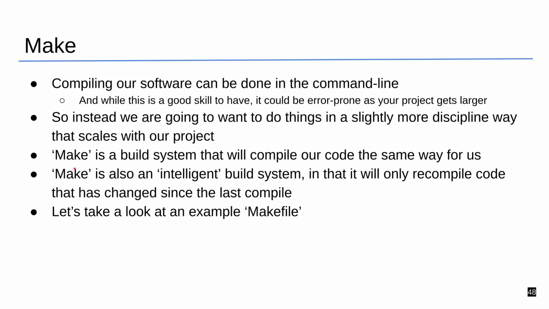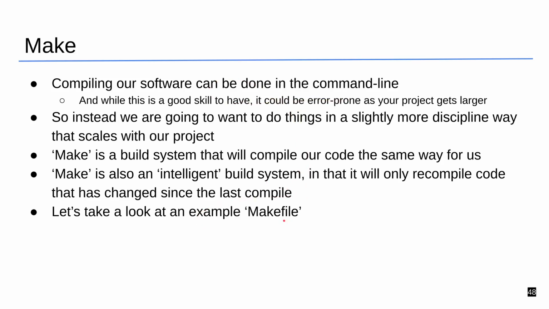Folks coming from Java might have used Maven or Ant or some of those build systems, but make is the one that's been around for a long time and still is existing and developing in the C++ world. There's many other systems, but make is sort of standard. And we like make in general because it's an intelligent build system, in that it'll only recompile code that's changed since the last time we compiled it. So that makes it a little bit faster than just recompiling everything on the command line.